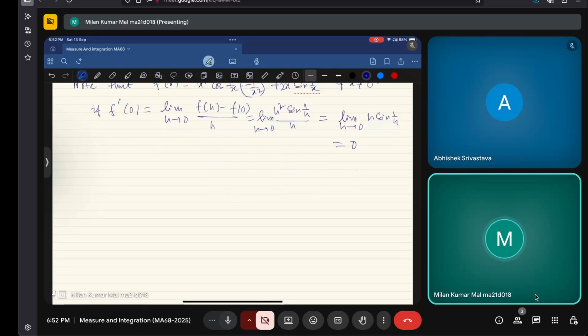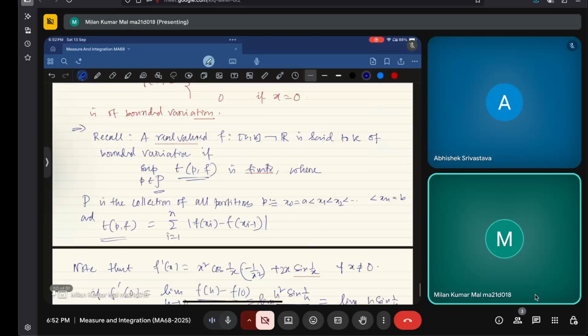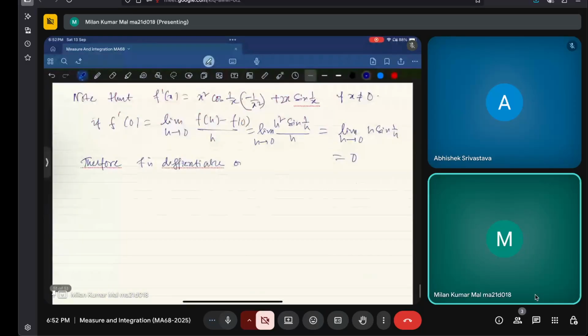Therefore f is differentiable on [0, 1].